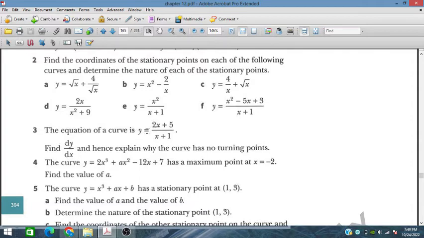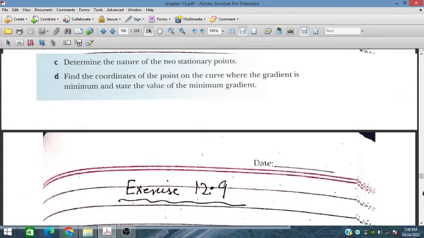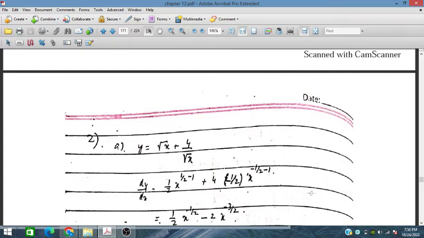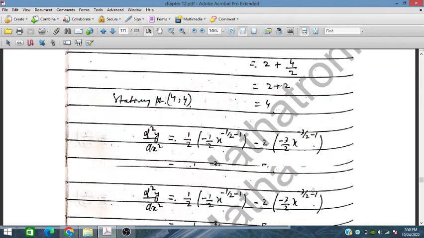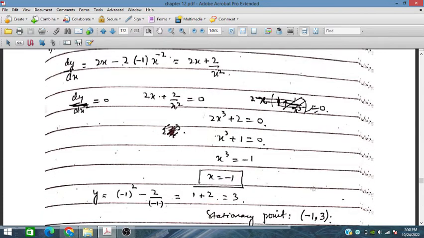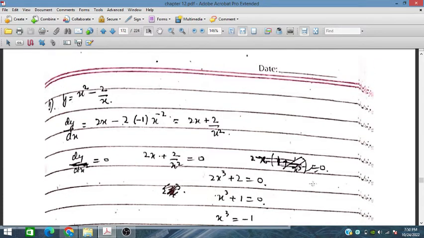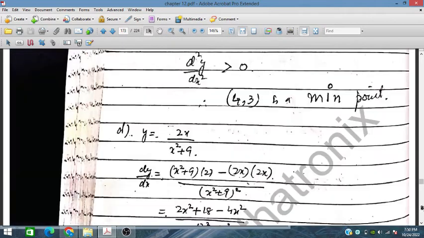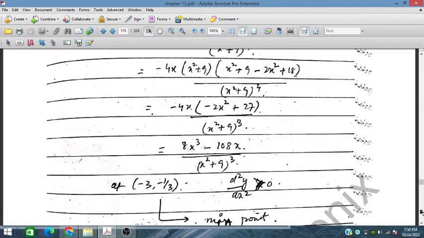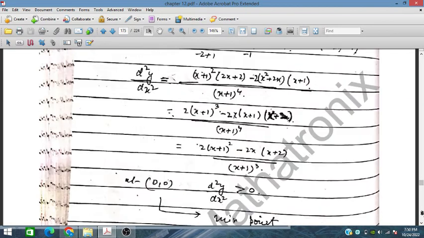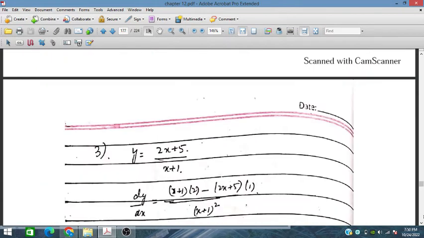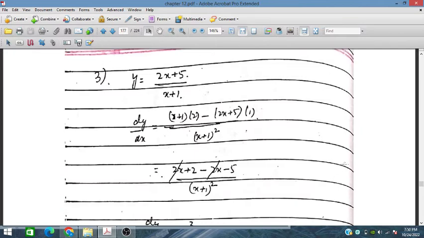This curve has no turning point, so we see why.